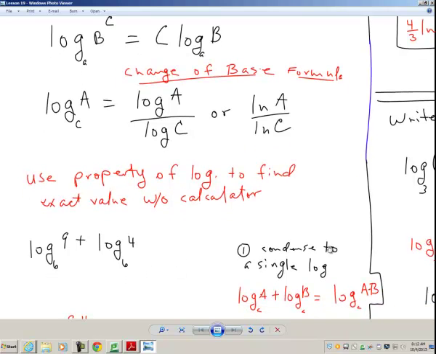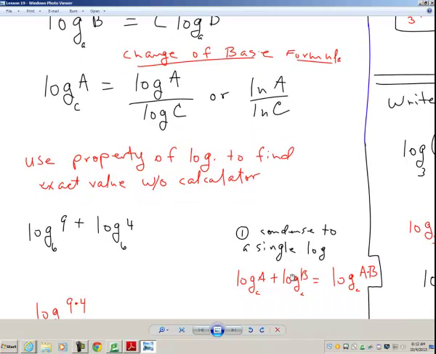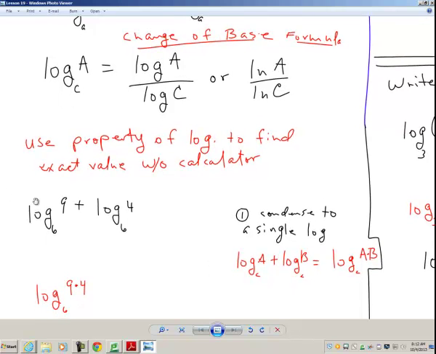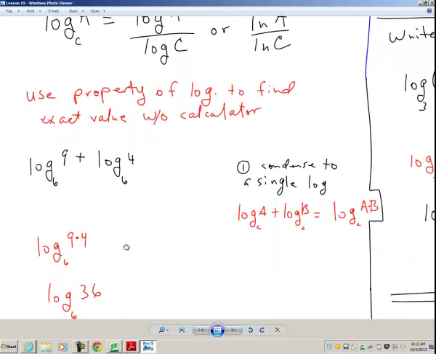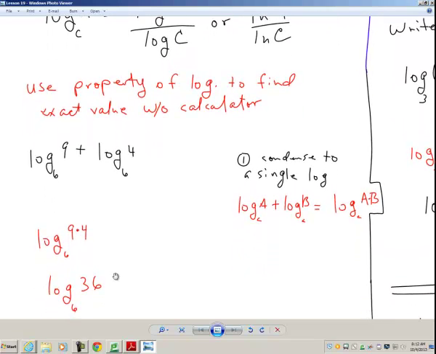So we want to condense it to a single logarithm. Log a base c plus log b base c equals log of a times b, that's multiplication. And so that becomes log 9 times 4. Can we get an answer from that?